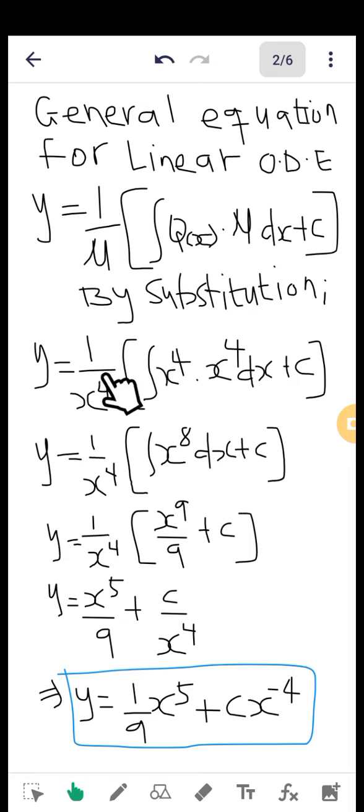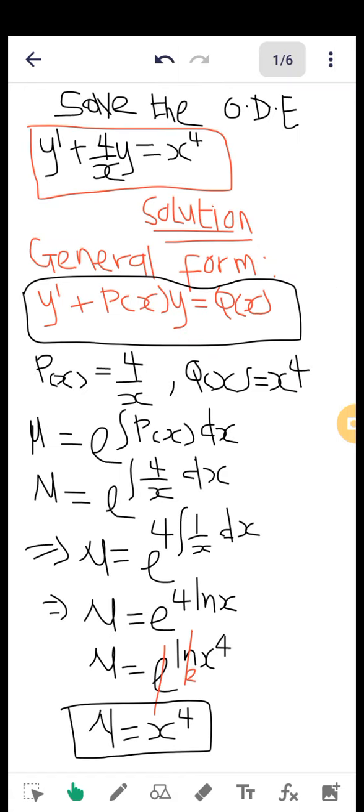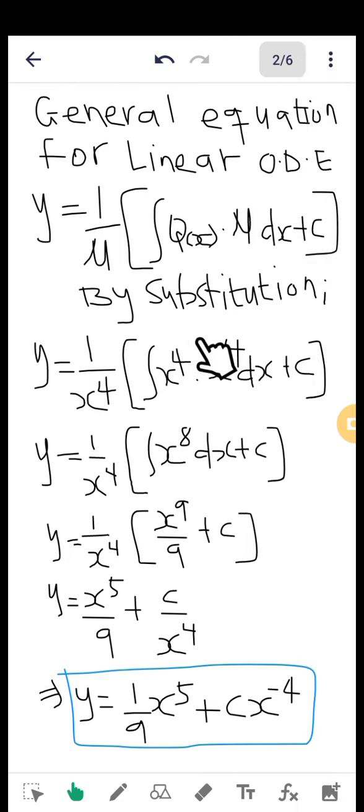So I'm going to get 1 over the mu, which is x exponent 4, multiplying the integral of the q of x, and we found the q of x to be x exponent 4. From here, our q of x was x exponent 4. So we make a substitution here, x exponent 4.